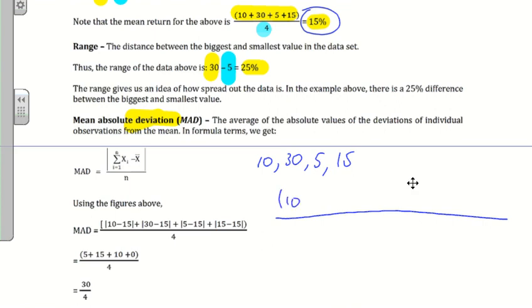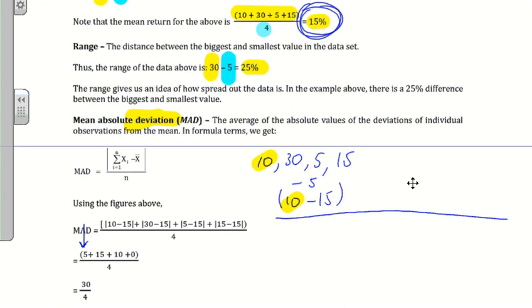It's going to be 10, which I've taken from here, less, what's my average? 15. Now what does 10 less 15 give you? Well, it gives you minus 5, doesn't it? But in this particular calculation for the mean absolute deviation, what do I use, guys? A plus 5. I'm using absolute numbers.